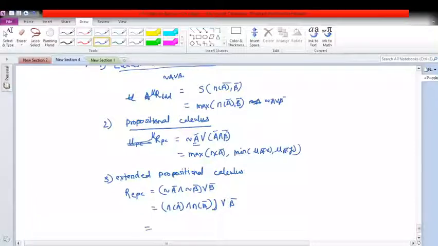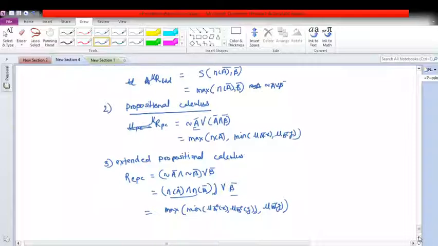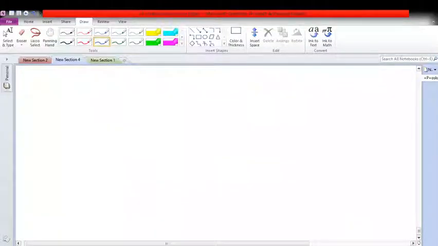It means maximum, and this minimum. So take the minimum of these two, so it will be the minimum of mu A bar complement of X and mu B bar complement of Y. Once you get the minimum value from it, then select the maximum from this and mu B bar of Y. So this is the extended propositional calculus.